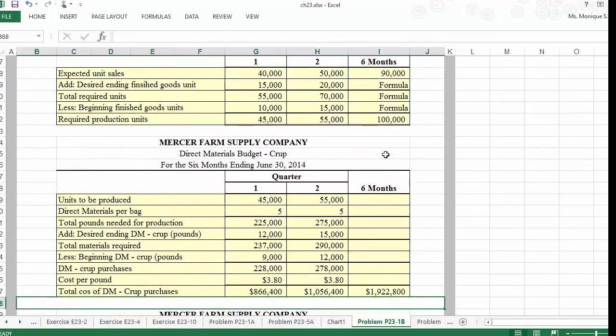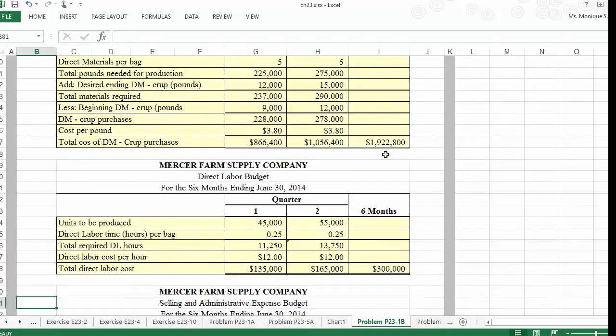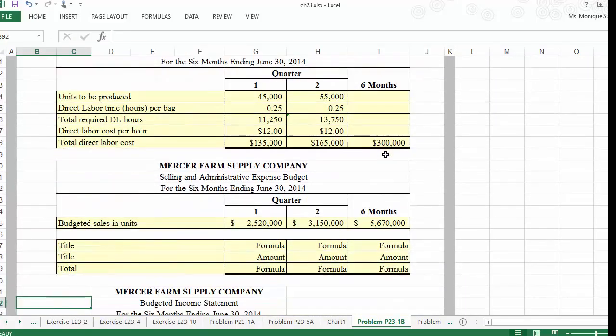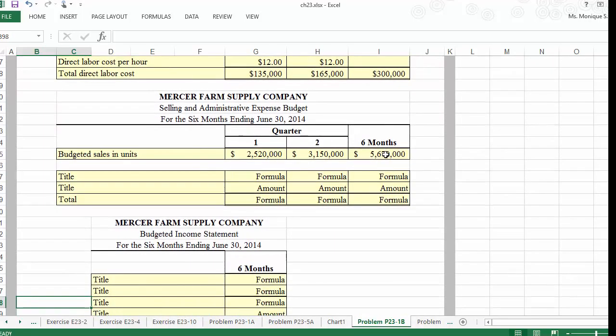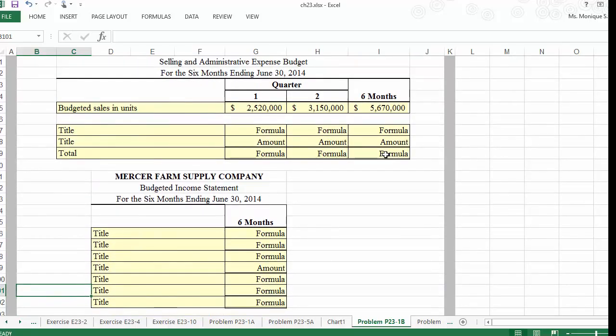So what we're going to do is take the budget sales, well, this should be budget sales in dollars, not in units. I'll fix that.